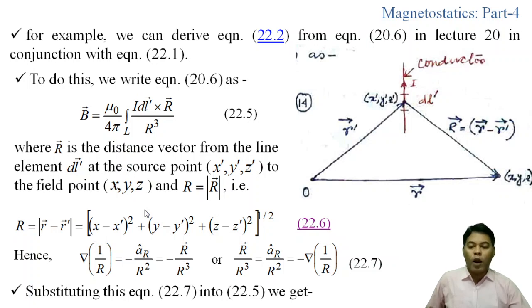For now, we are going to consider that grad of 1 by R equals minus R vector by R squared. That can be proved, and we can prove it afterwards.